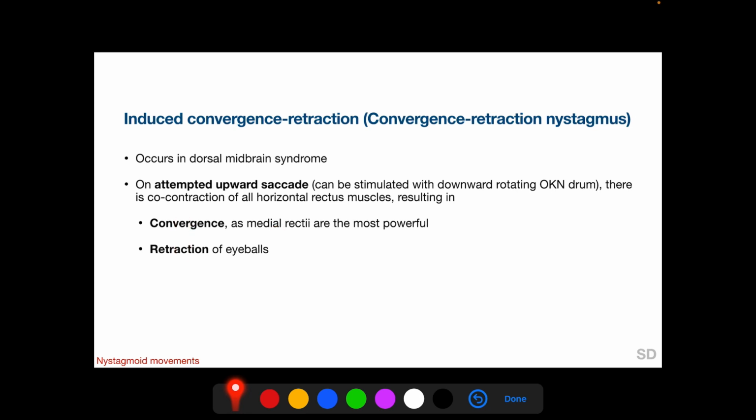Because of these two movements on attempted upward saccade, it is called a convergence retraction nystagmus, and the upward saccade can be stimulated with a downward rotating optokinetic drum.